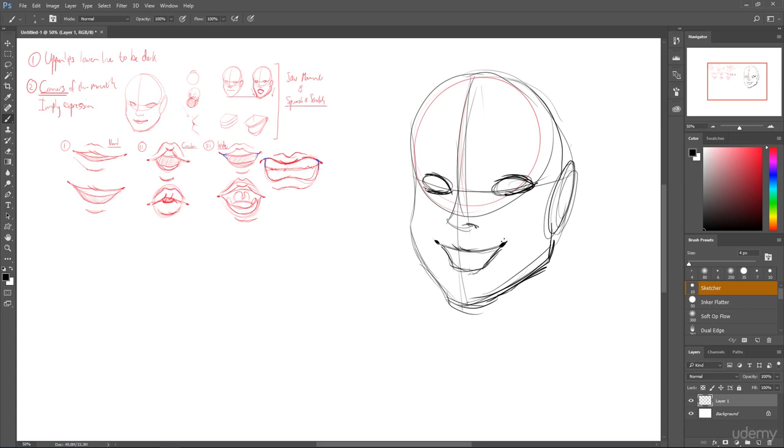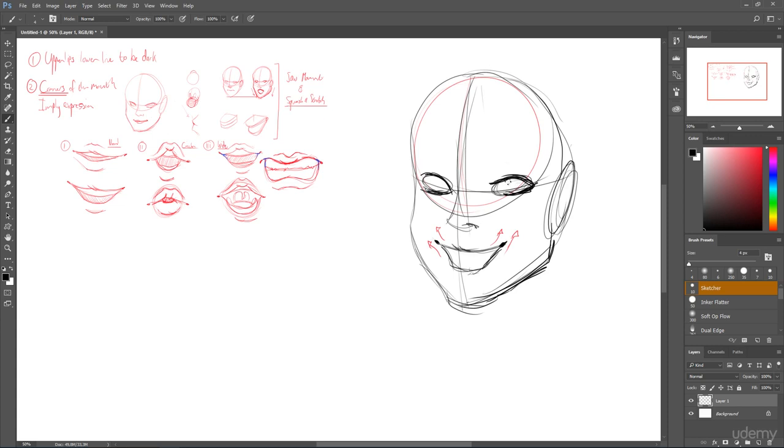And what happens is we start getting this compression as these muscles pull this way and this way. We start getting a compression happening in the cheeks. Now, if I don't show this compression, we have what is called a fake smile, right?